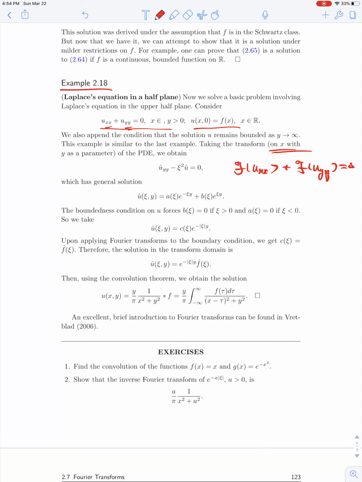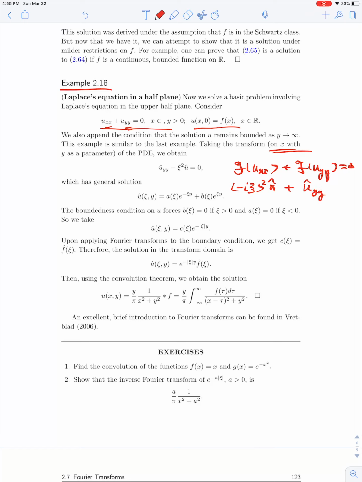So we get this. Now remember, the Fourier transform is taken with respect to x, so this term becomes negative c square u hat, plus u hat y.